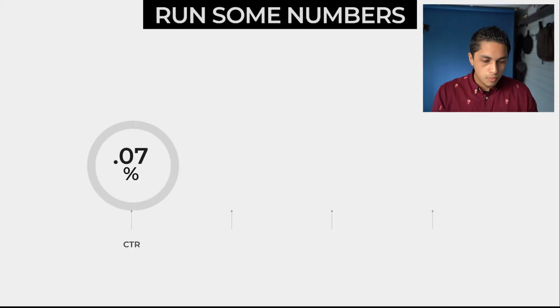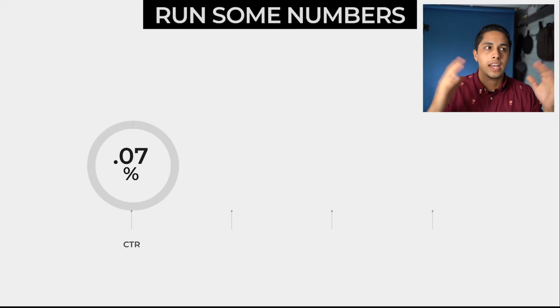All right, so let's just go ahead and run some numbers here. When you're running an ad, the typical click-through rate, CTR, is only 0.07% on average. Some people may get more, some people may get less. It depends how long you've been doing the ads.